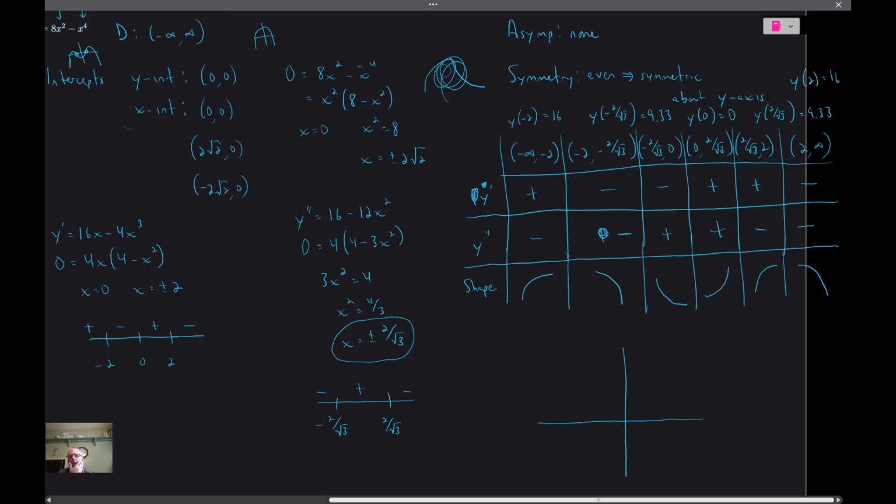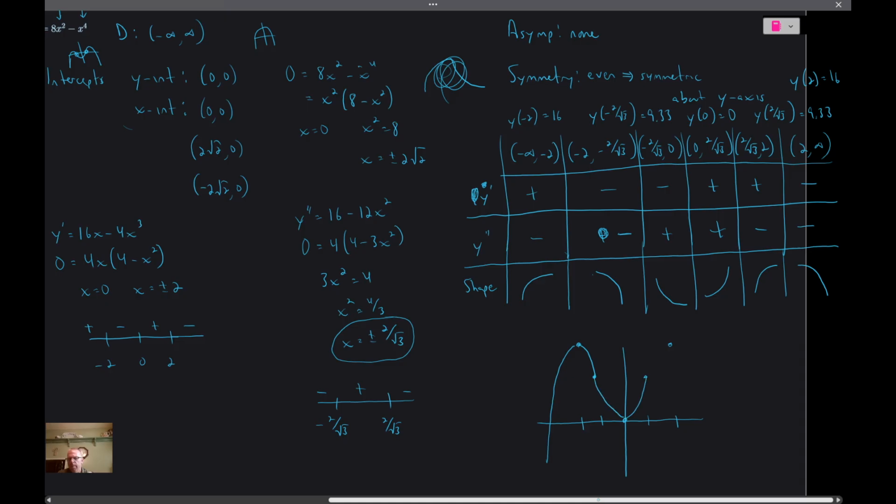So now we can plot these points. So negative 2, 16. Negative 2 over square root 3, that's a little bit more than 1. That's going to be 9. We're just doing this approximately. 0, 0. And then, of course, you have the symmetry. Until we get to negative 2, until we get to this point, we are increasing and concave down. So it's going to look like that. Then we follow this shape. Then we follow this shape.